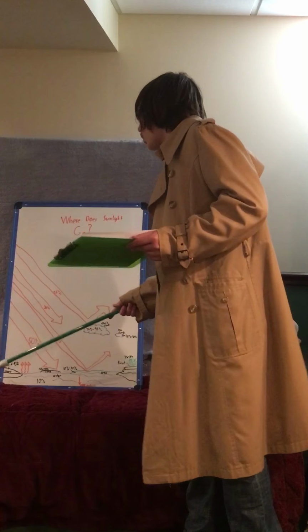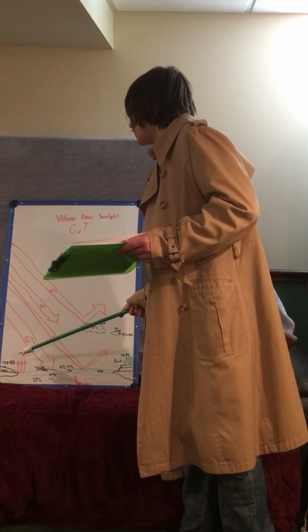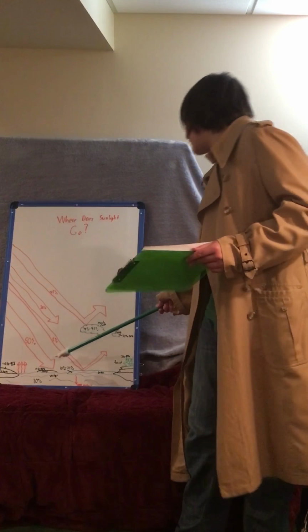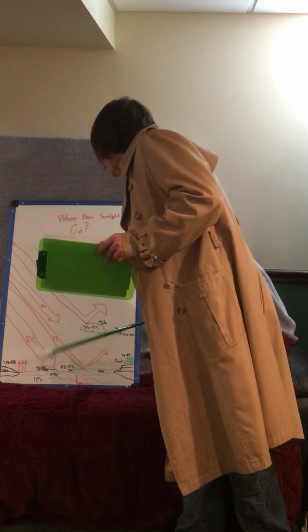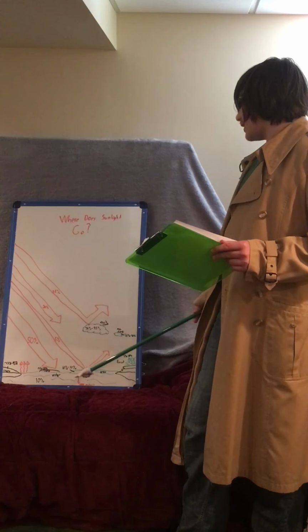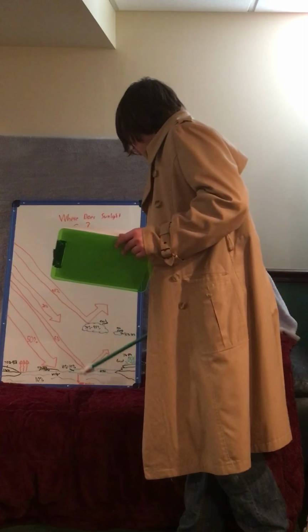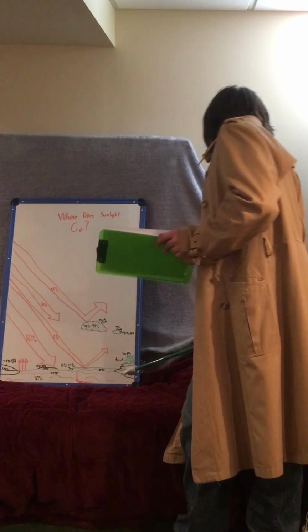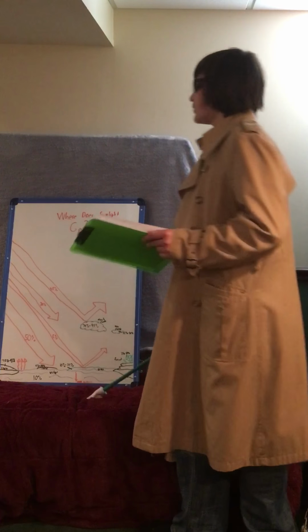Snow, this is one of the big ones, 75% to 95% is reflected back. Sand is about 15% to 45%. Water is 10%. Grass would be 10% to 30%. And forest is 3% to 10%.